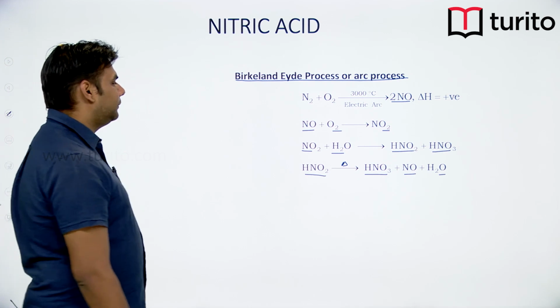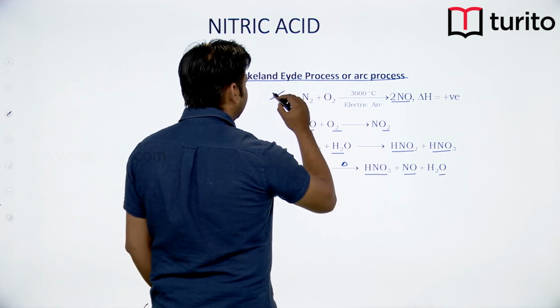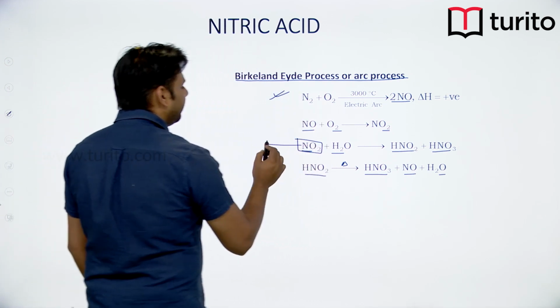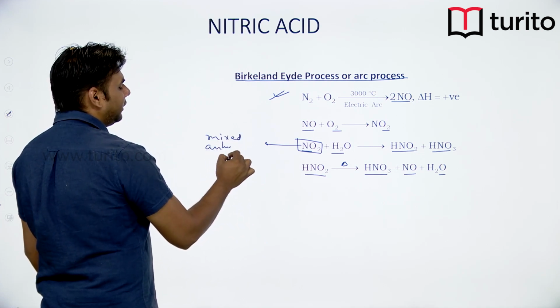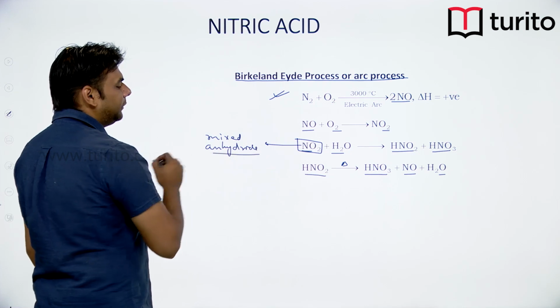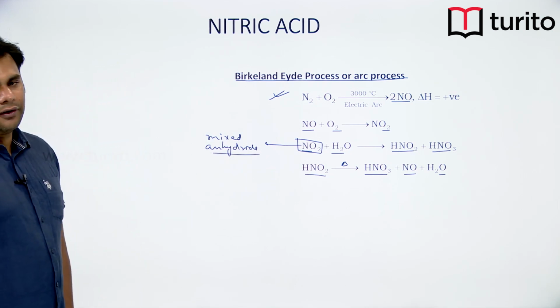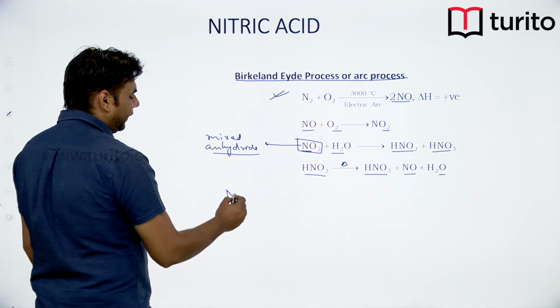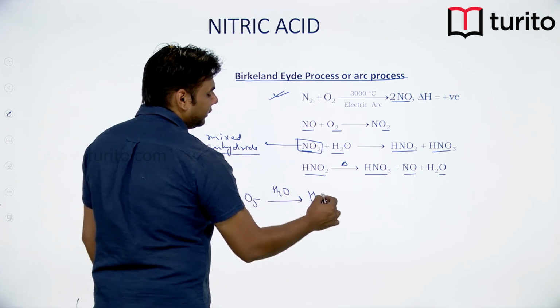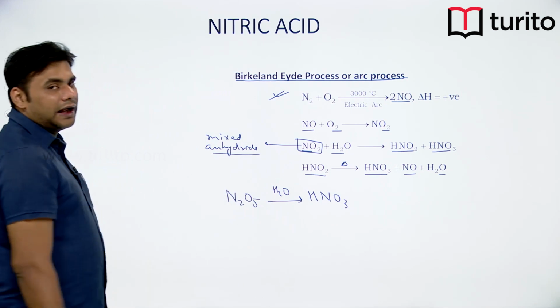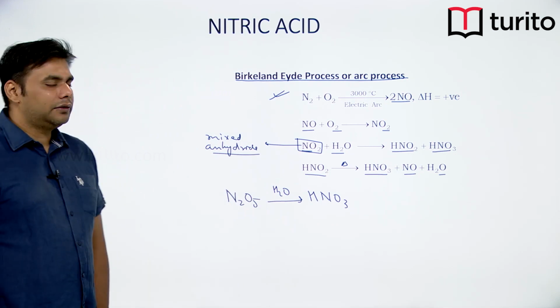If you look at this reaction, NO2 is called a mixed anhydride because on reacting with water, it forms two types of acid, HNO2 and HNO3. But if you react N2O5 with water, it will form HNO3. So it is forming only a single acid, whereas NO2 is forming two types of acid.